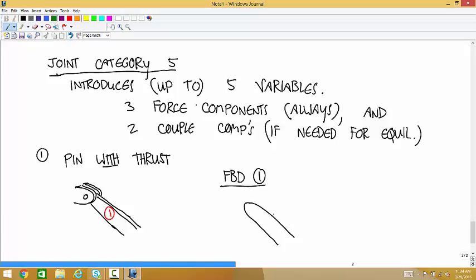Okay, so for this one, we have a full force vector. I don't know why I did that in green all of a sudden. So we have a full force vector on 1 by 2.